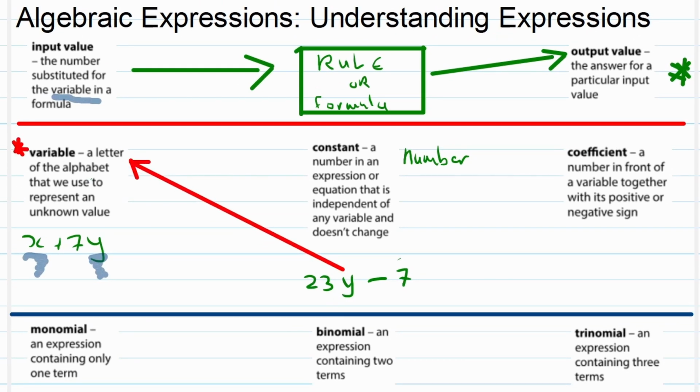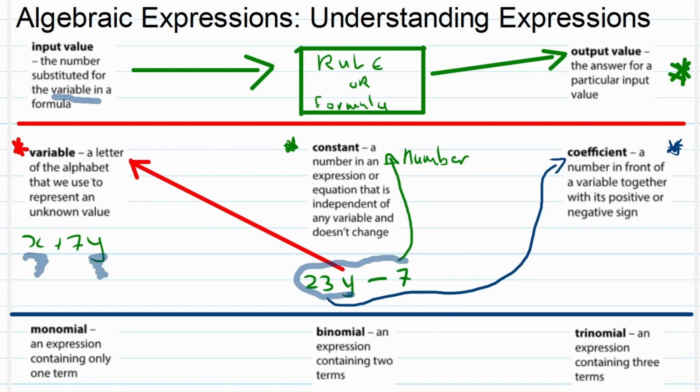The 23, what is this? This is the coefficient. Can you see it stands before the variable? And the constant is the negative 7. This is the constant. So this will help you to understand how we are looking at expressions.